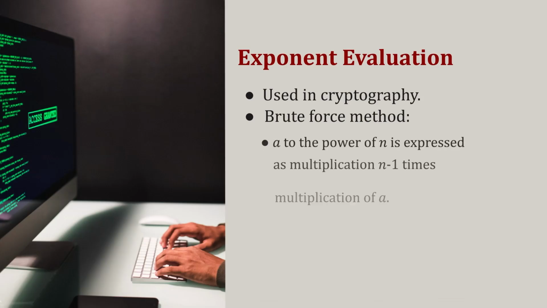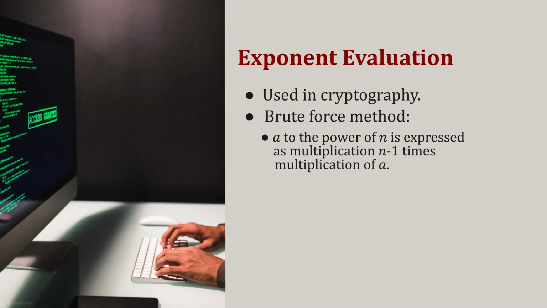Now, what is the efficiency of this kind of algorithm? If you are computing a to the power n, the brute force method will be represented as n minus 1 multiplications of a with a itself.